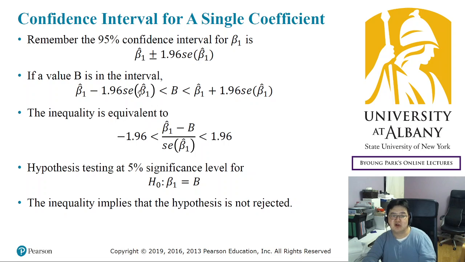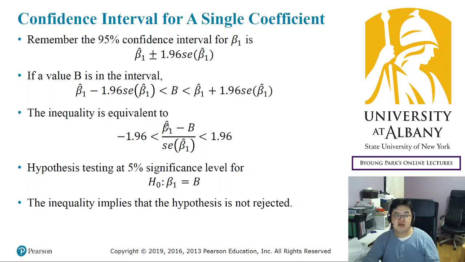Then by simple rearrangement, like subtracting b on both sides and then dividing by standard error, we get this: the difference between beta 1 hat and b must be in between plus minus 1.96 standard error. If you divide that inequality by standard error, you get this inequality, which is mathematically equivalent to the first inequality.